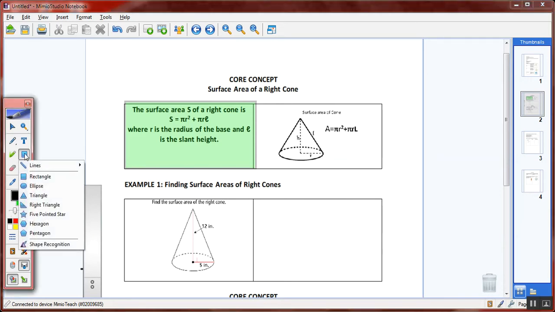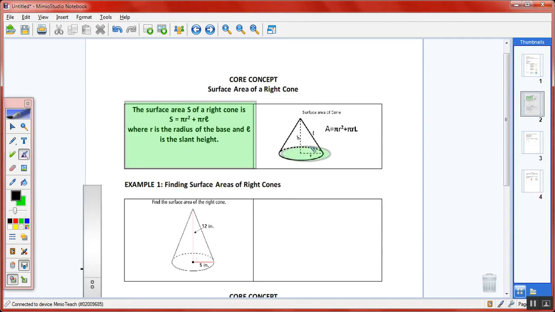This is my pi r squared right in there. And then plus pi r l. Pi r l is that part on the outside that makes the cone shape. So the pi r squared is like my base, and this is like your lateral surface, they call it.